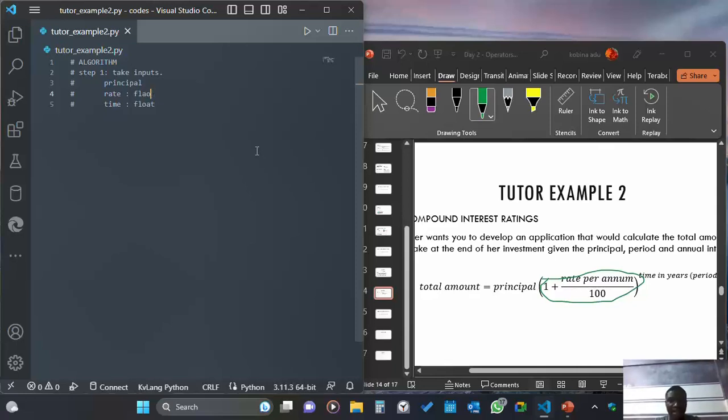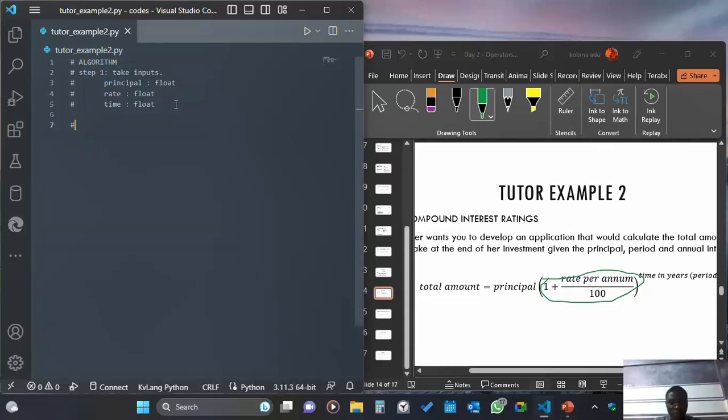Then the principal could also come in as floats. So we have all our data as floats. But then the input itself is coming in as a string. So we have to convert them into the float data type.